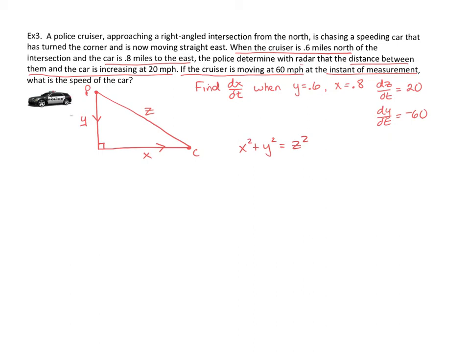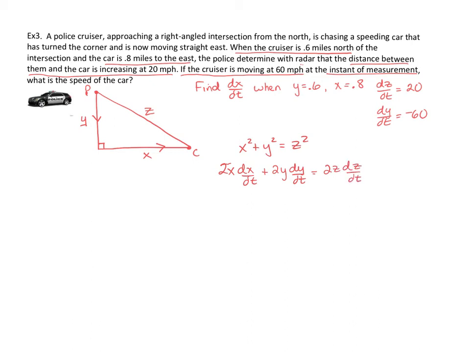Now we're simply going to take the derivative, with respect to time. That's going to be 2x times dx/dt by the chain rule, plus 2y times dy/dt, equals 2z times dz/dt.